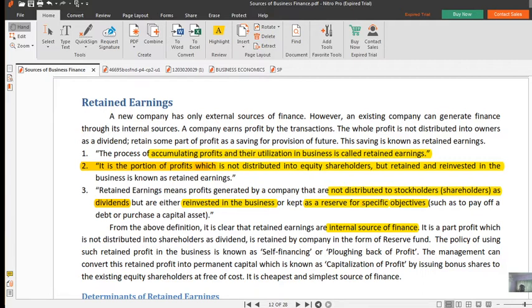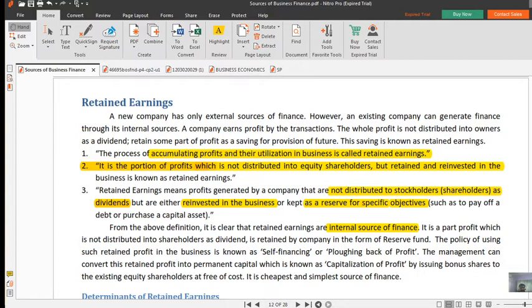So retained earnings. A newly established company has only external source of finance.